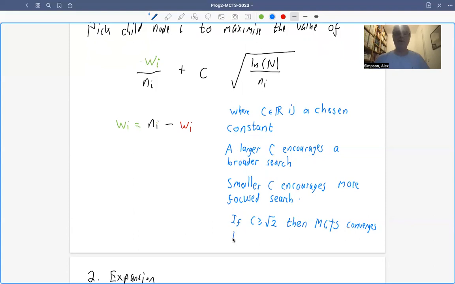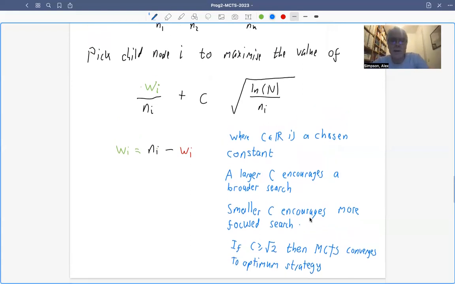So it converges to the optimum strategy. That's a really nice theoretical result. And the theoretical recommendation is that because of this result, the square root of 2 is a good number to take for C.